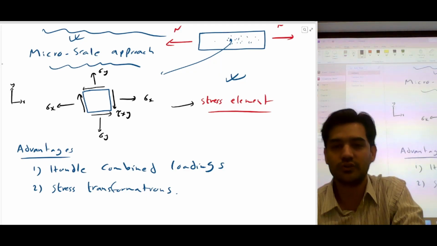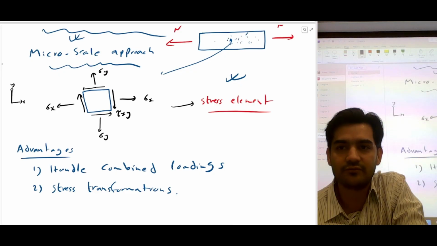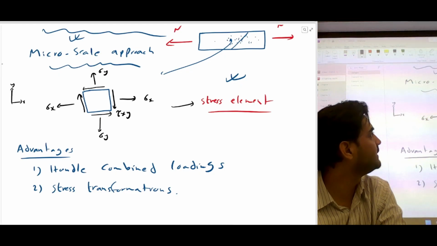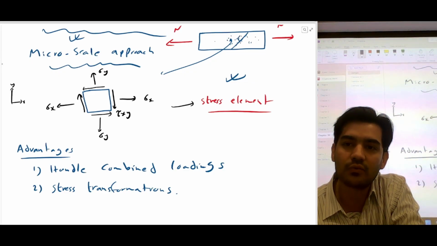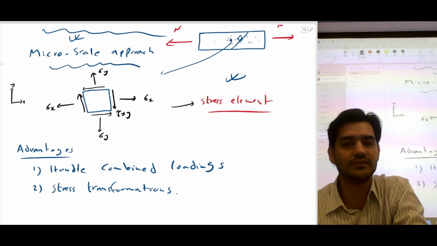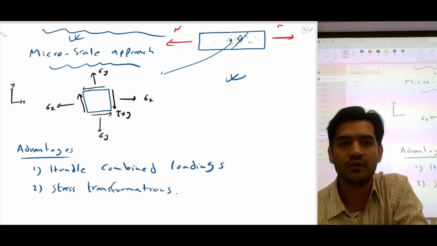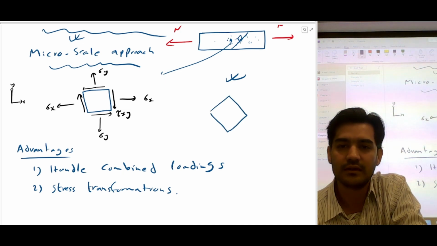So that's also useful. For example, let's just say if you have a weld here, in this case this weld is the weakest link. So in this case you would be more interested in calculating the stresses in this direction. So it would be more useful to determine the stress element in this direction.